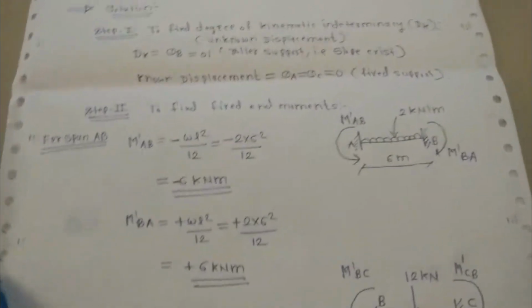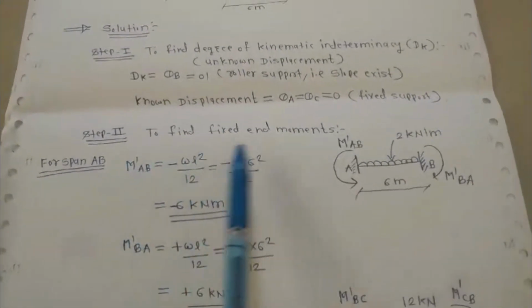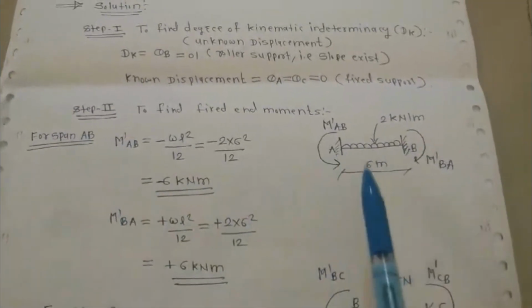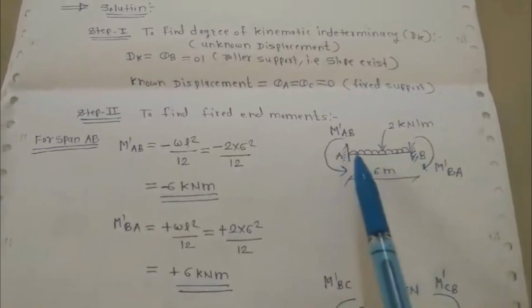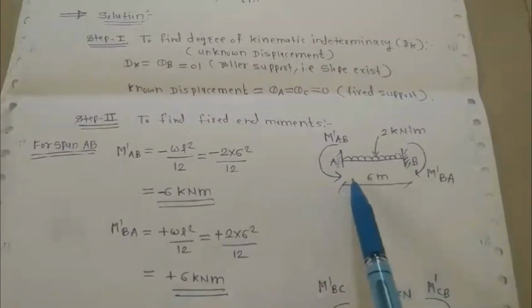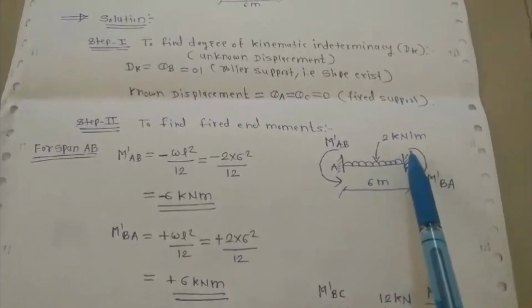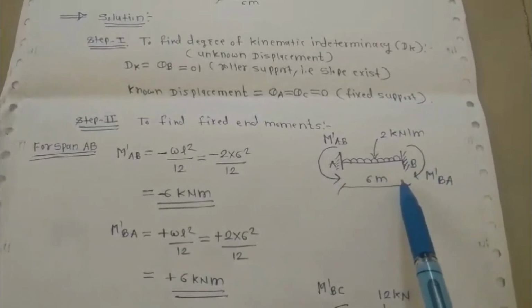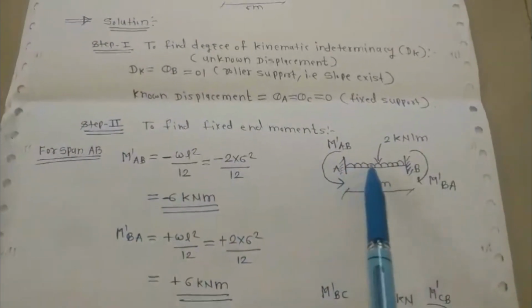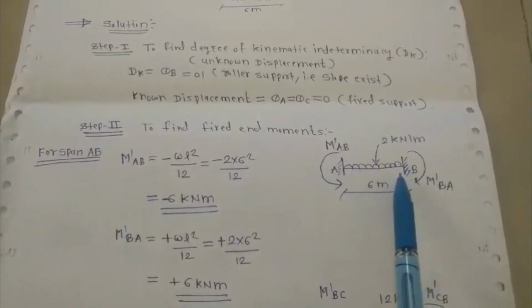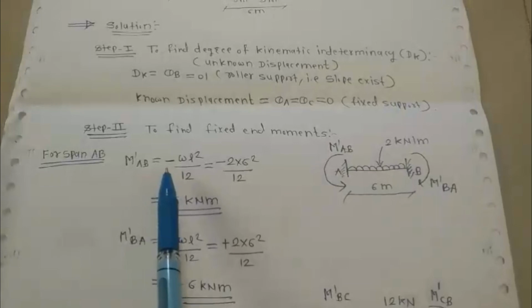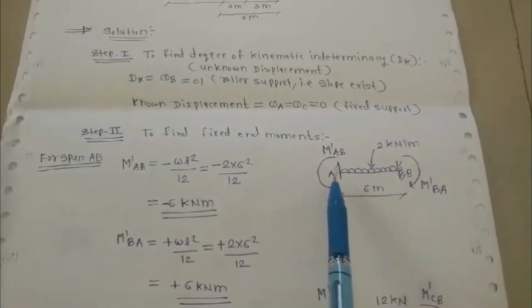So now you can see here, step number 2 is to find the fixed end moments. I will consider individual spans, first span AB. At support A, the fixed end moment M'AB is acting in an anti-clockwise manner, this we are assuming, and at support B, the moment M'BA is acting in a clockwise manner. If the intensity of UDL is acting on the span, the formula to find the fixed end moment is WL squared upon 12, but the negative sign indicates that at support A the moment is anti-clockwise.